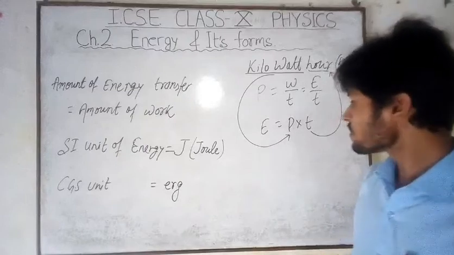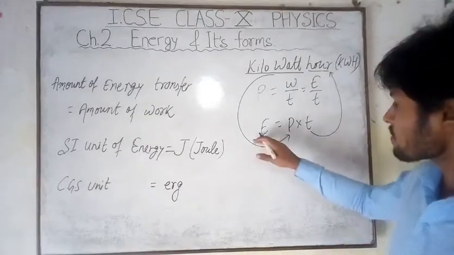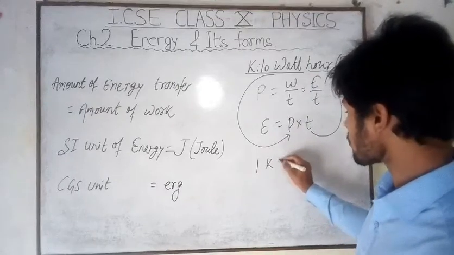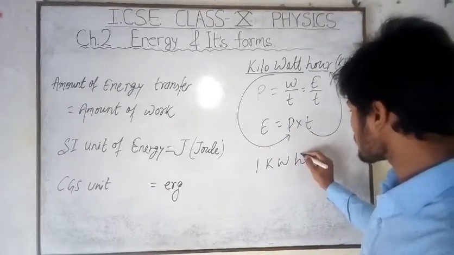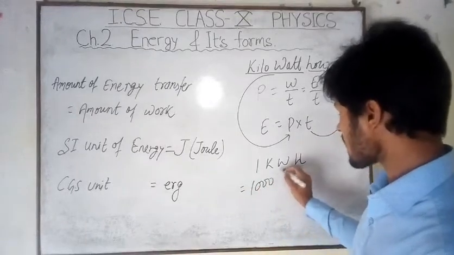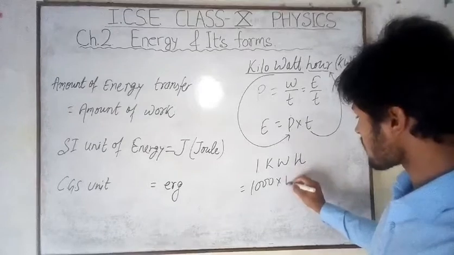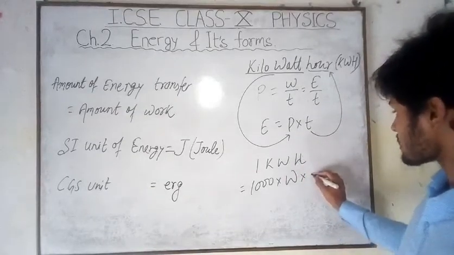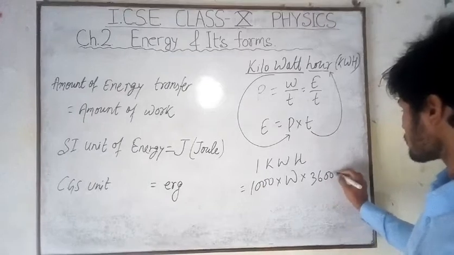Now how to relate the SI unit of energy to this kilowatt hour? See, we have 1 kilowatt hour. Here we can easily convert: 1 kilo means 1000 watt, W, and this H means 3600 second.